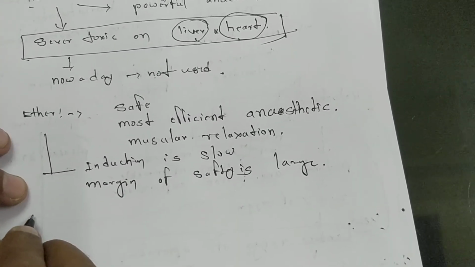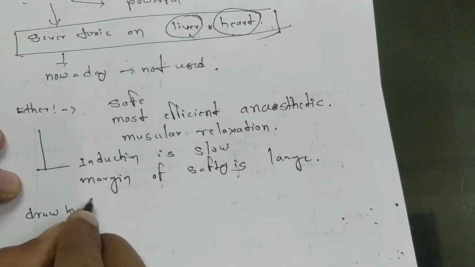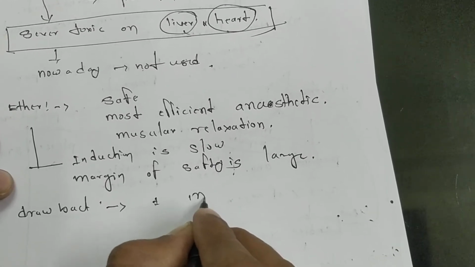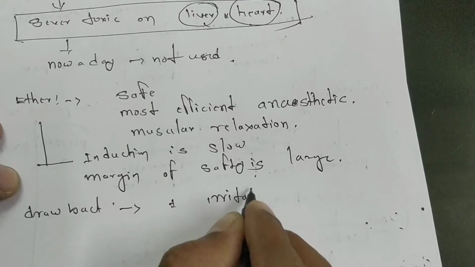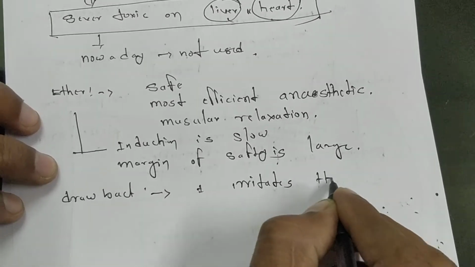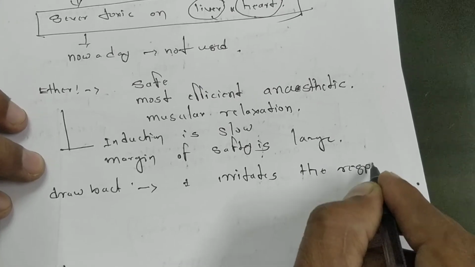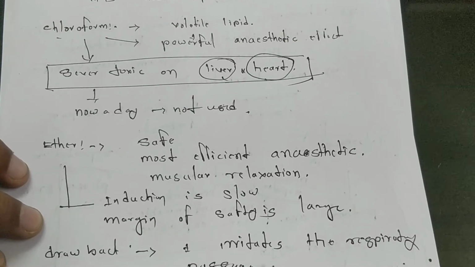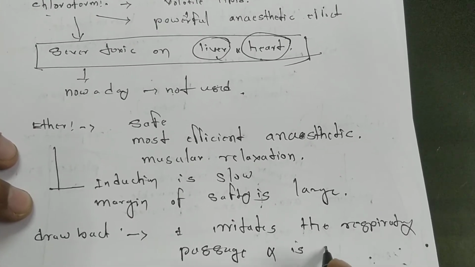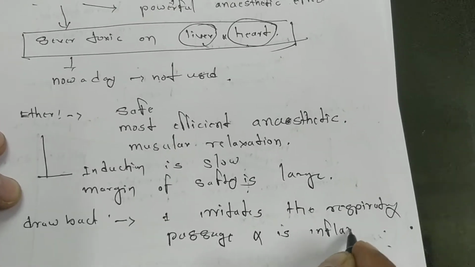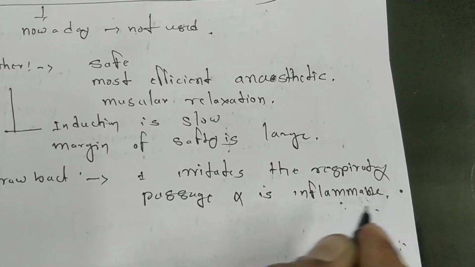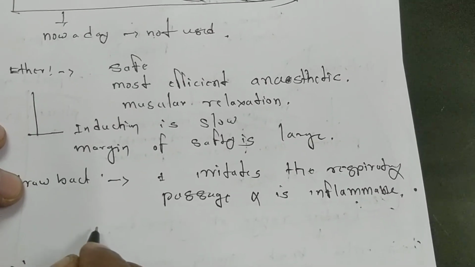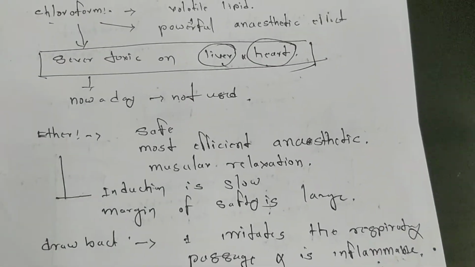But it has drawbacks: it is irritant in nature and irritates the respiratory passage, and it is inflammable, which is very dangerous. Due to that, its use should be decreased.